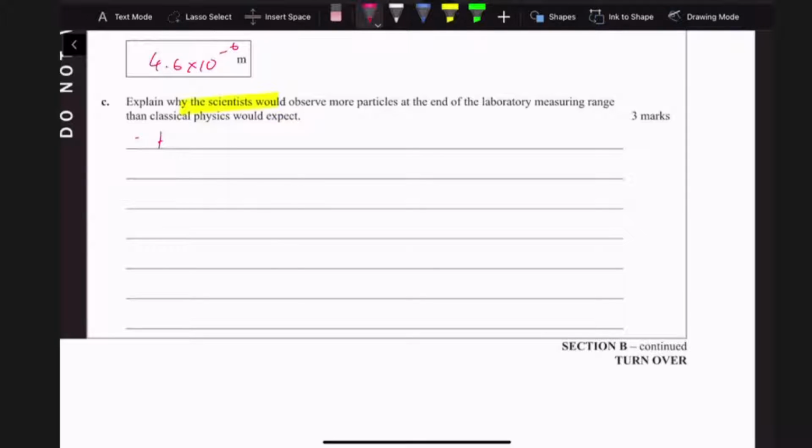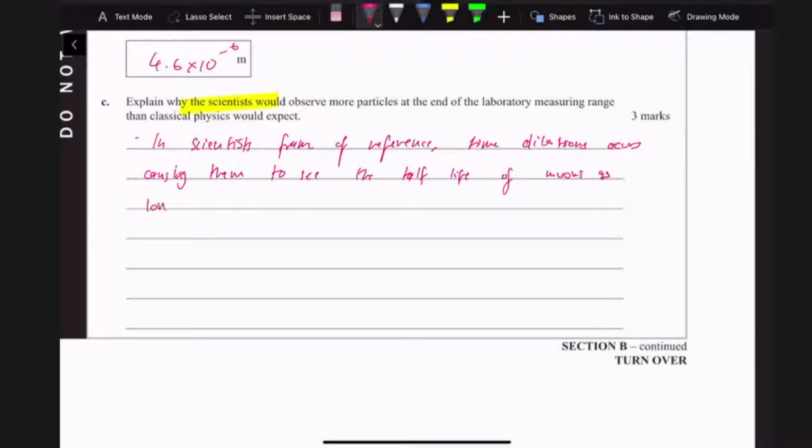So maybe, in the scientist's frame of reference, time dilation occurs, causing them to see the half-life of muons as longer than observed by a muon.